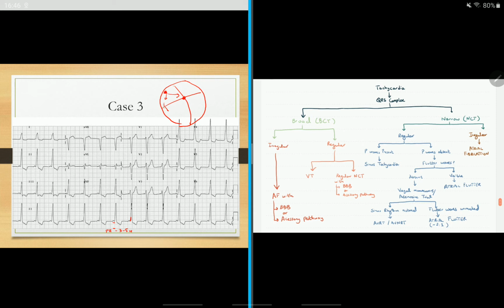Since this accessory pathway lacks the impulse-delaying properties of the AV node, it will conduct the impulse down and depolarize the ventricular muscle wall. Since the impulse is going down through the ventricular muscle wall, you will see this upstroke. This slurred upstroke is called the delta wave.